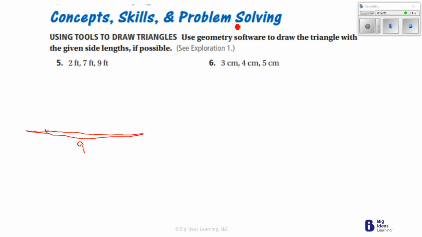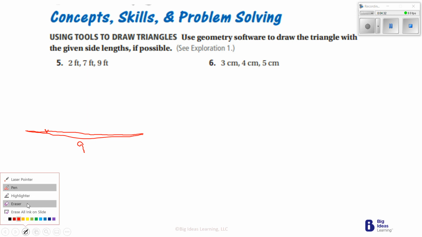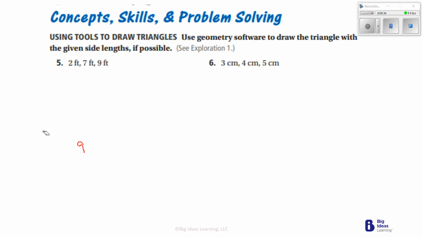So when they asked us to draw this with the given side lengths, if possible, we have to say no, this isn't possible, because the 2 shorter side lengths have to be greater than the length of the 3rd leg. So not possible. 2 plus 7 equals 9.